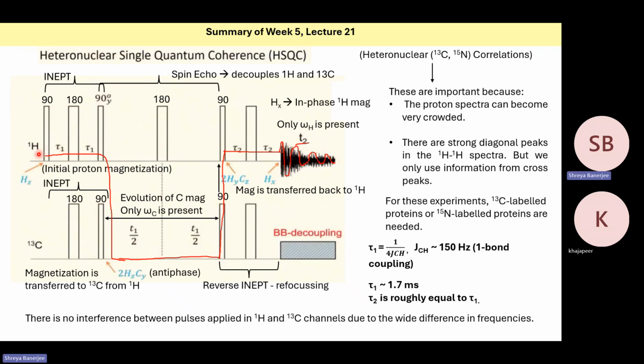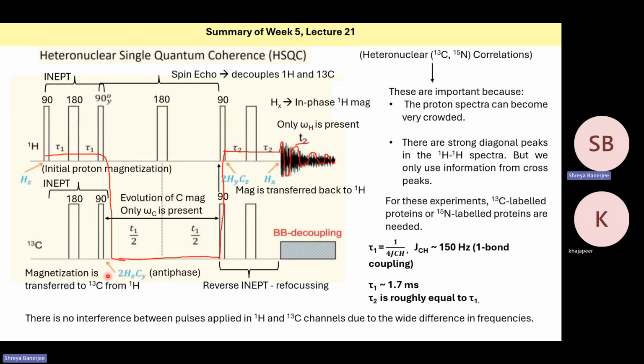When the magnetization is transferred from proton to carbon or carbon to proton, these kinds of terms come. We saw these terms in last week's discussions, like 2HZCY, which means that you have some HZ magnetization which has transferred to CY.